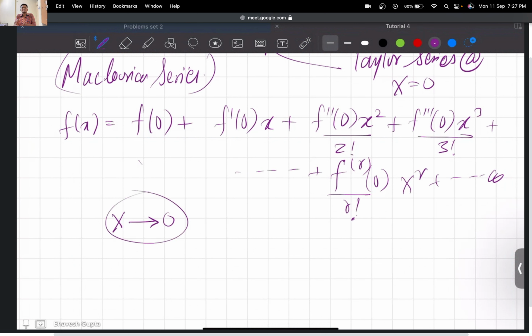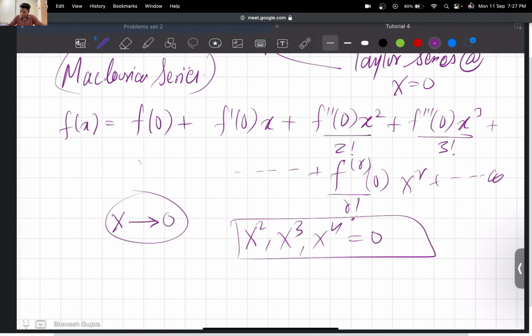You will just consider the neighborhood of 0, because then all your higher order terms, x square, x cube, x power 4, will be 0. You can just approximate them as 0. So in this linear approximation, all your higher order terms are 0, and you just restrict yourself till here.